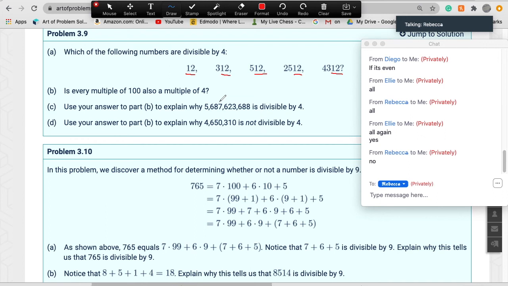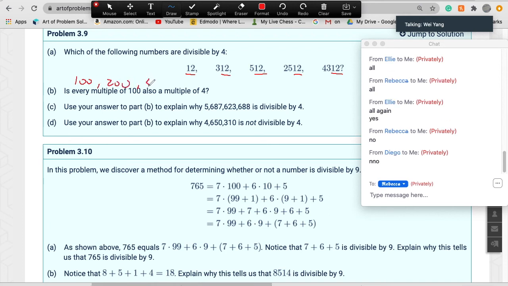You can say multiples of 100, that would be 100, 200, 300. Is this kind of number also a multiple of 4? You need to use 4 to divide all these numbers, see if you can get a 0. Well, 100 is a multiple of 4, so all of 100's multiples have to be multiples of 4.